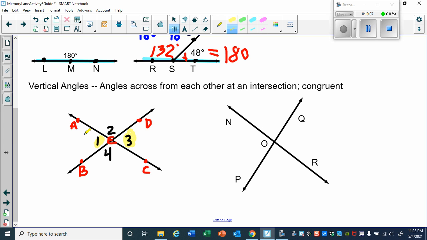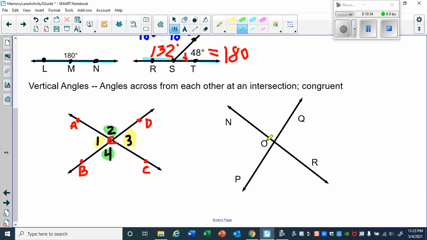So angle 1, AEB, is congruent to angle DEC, or angle 3. Similar can be said for AED, represented by the number 2, and BEC, represented by the number 4. These two angles are vertical angles, so they're across from each other. They're going to be congruent. And that's going to help you with this problem here.